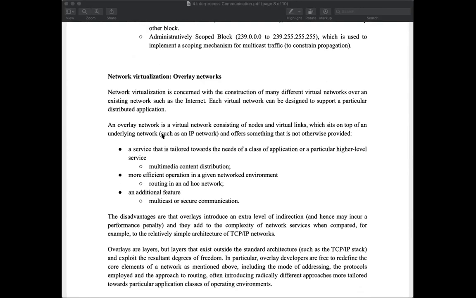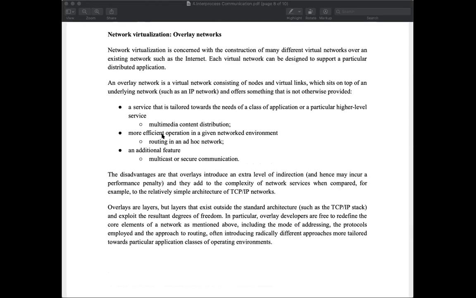And when you are talking about interprocess communication, again we have network virtualization, where we are talking about VPNs and all, right? So basically, in overlay networks or network virtualization, we are mainly concerned about performance and security, right?